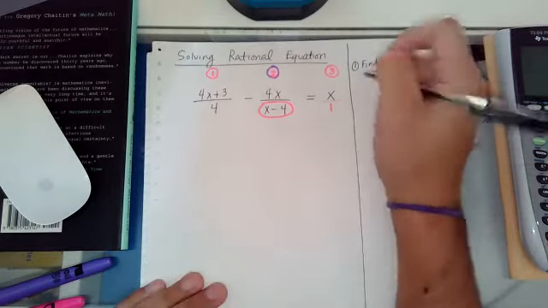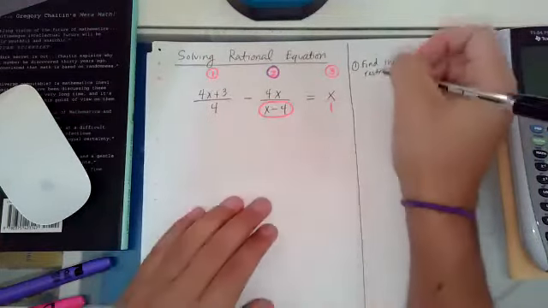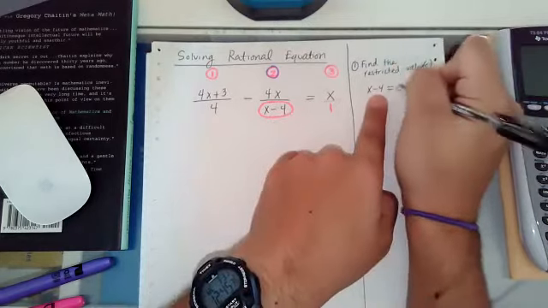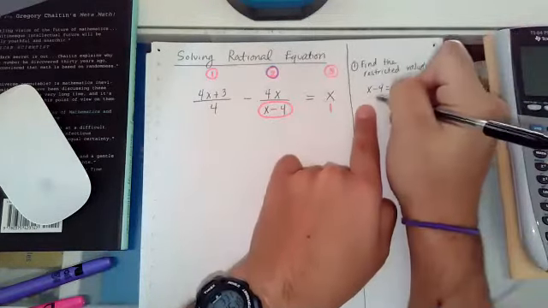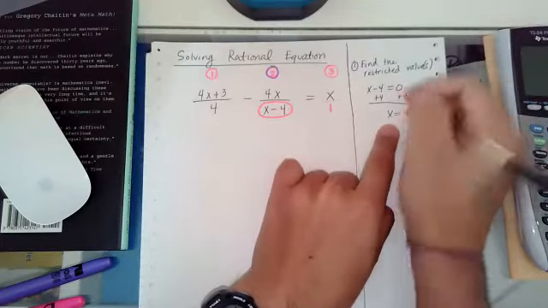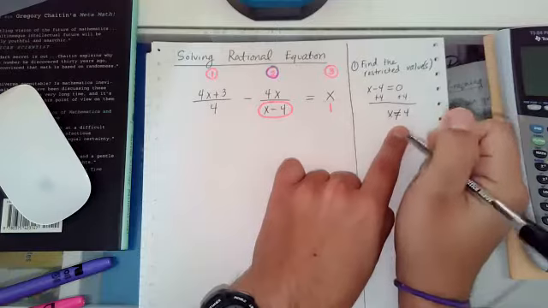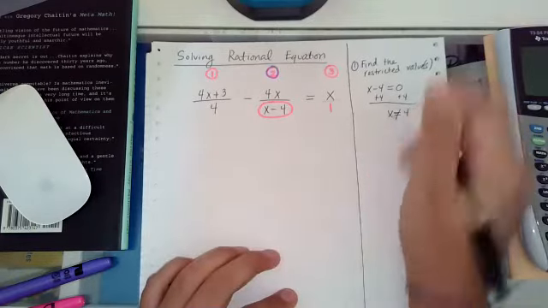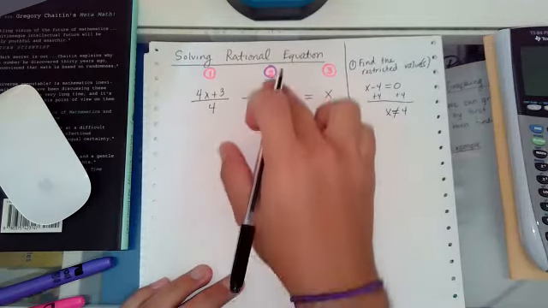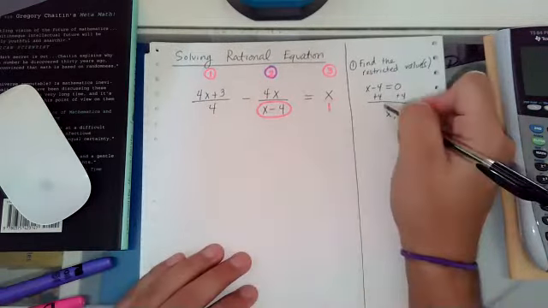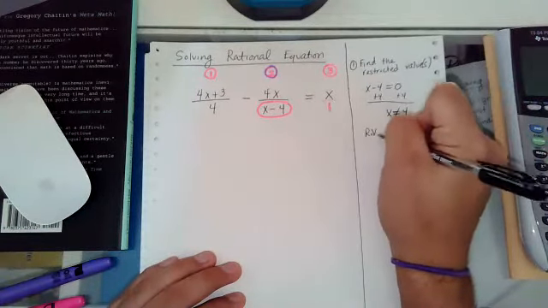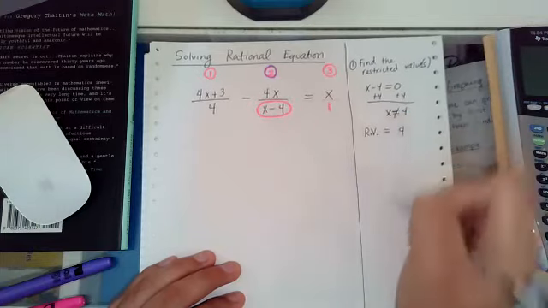So remember, we had a process for finding restricted values, and that was if you set the denominator equal to 0 and solve that by adding 4 over to the other side, you would find that 4 cannot be our solution, because if it was a solution and we plugged it in, we would have something divided by 0, which would be impossible to solve. Okay, so the restricted value, RV, is going to be 4.